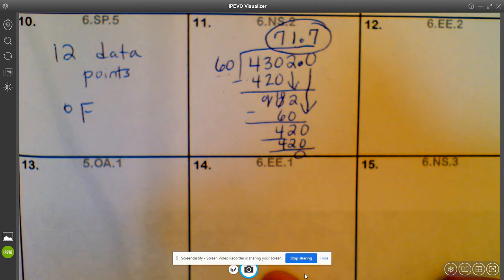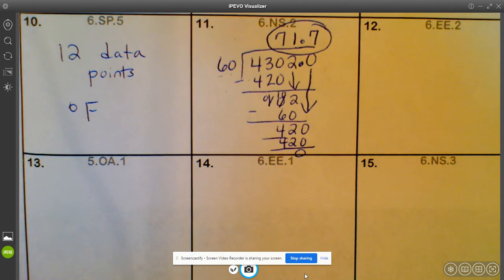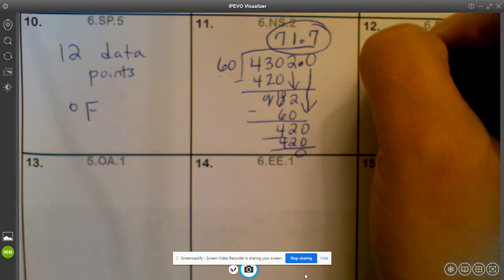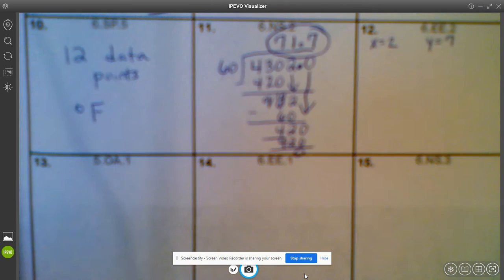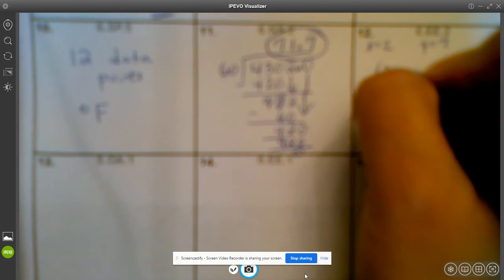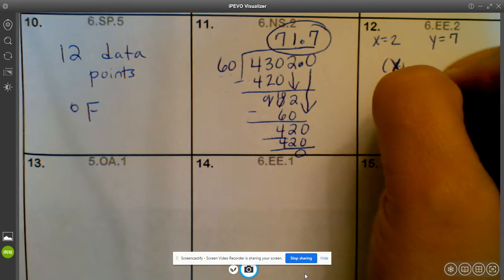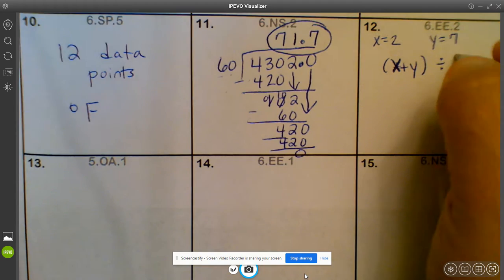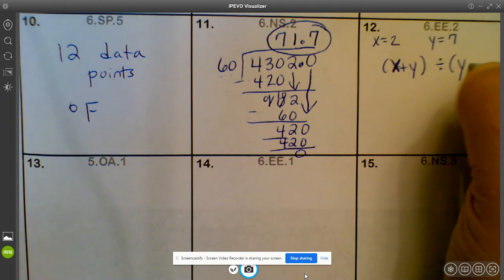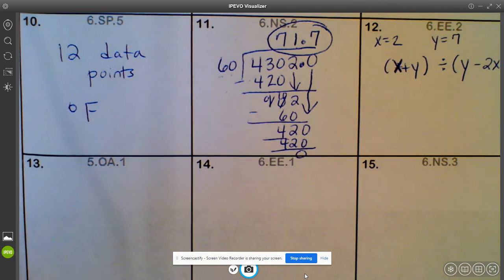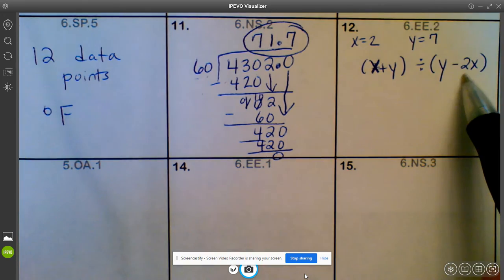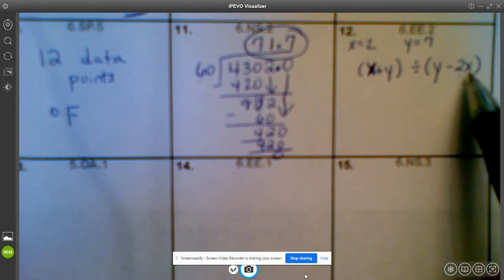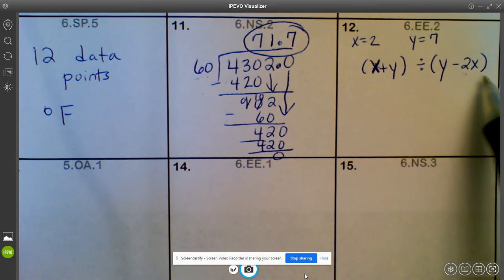All right, number 12. When x is 2 and y is 7, what is the value of x plus y, in parentheses, divided by y minus 2x. Now guys, if we remember, when we have a number right beside a variable, like this one is, that's the coefficient, and that means we're multiplying.